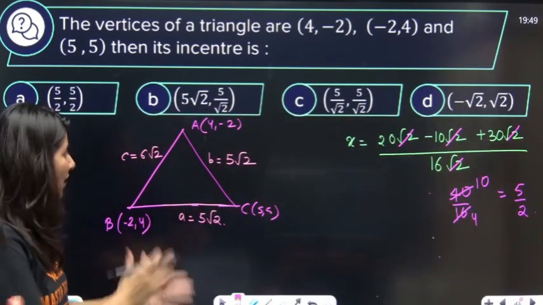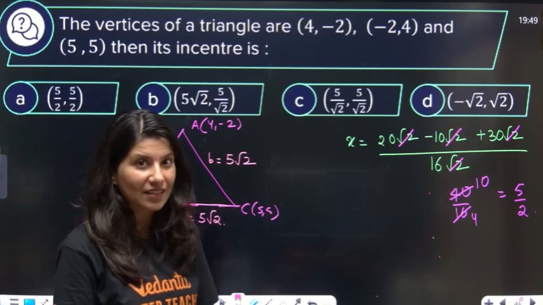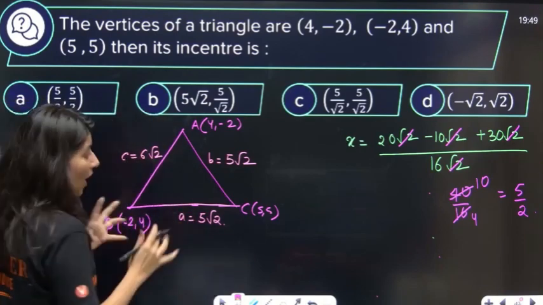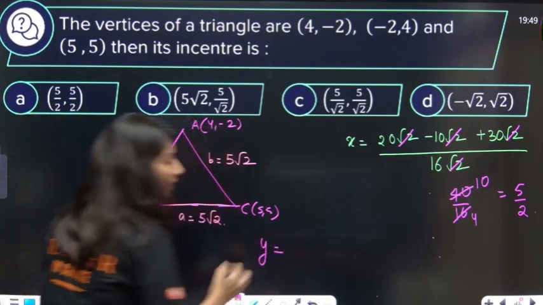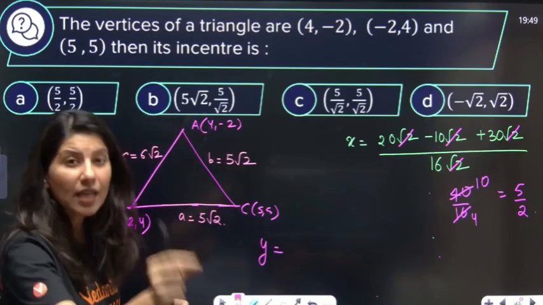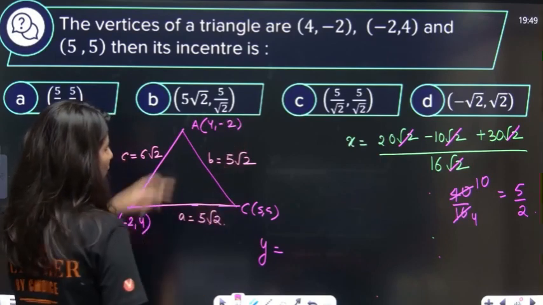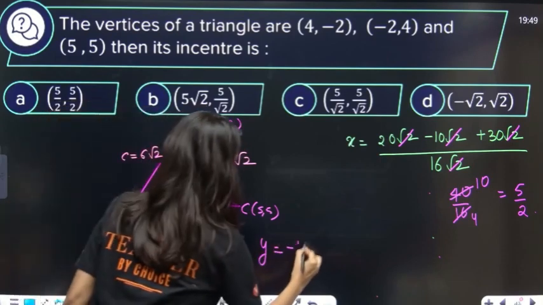Now one more thing, one very interesting fact. If you calculate the y coordinate, you are going to get the same calculation. Minus 2 into 5 root 2, so you are going to get minus 10 root 2. Same calculation.